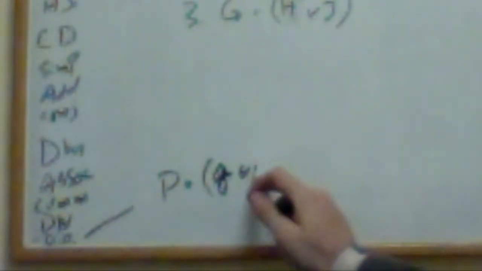So our distribution rule here says if you have P dot Q wedge R, that's logically equivalent to P dot Q wedged to P dot R.